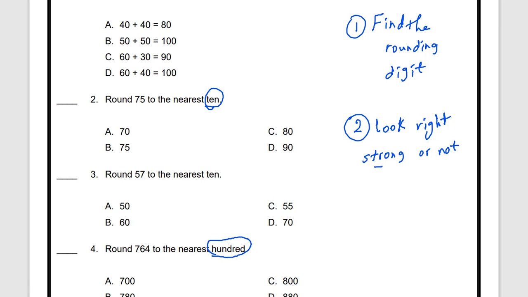If it's strong, it will help the rounding digit and give it 1. If it's not strong, it will not help.